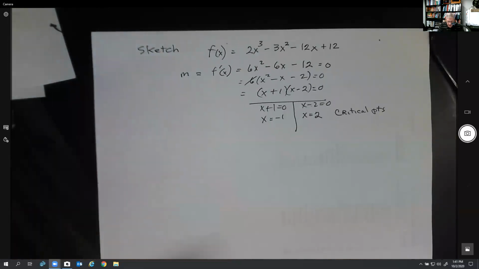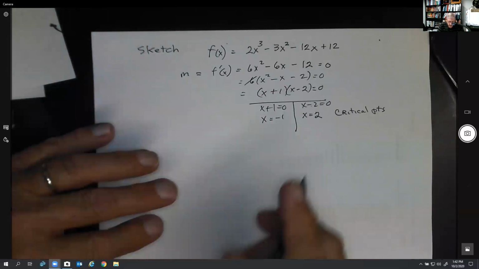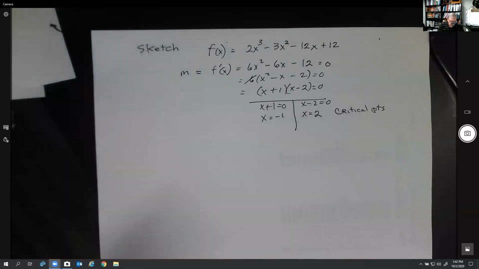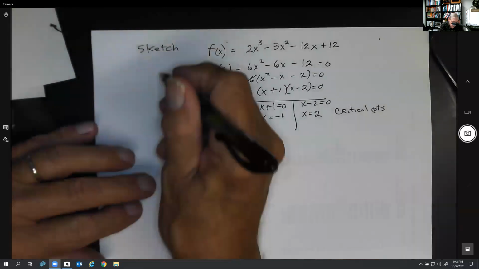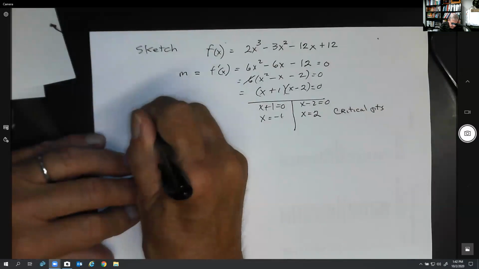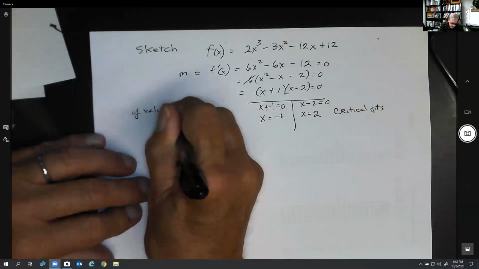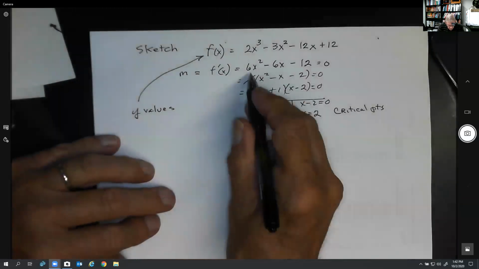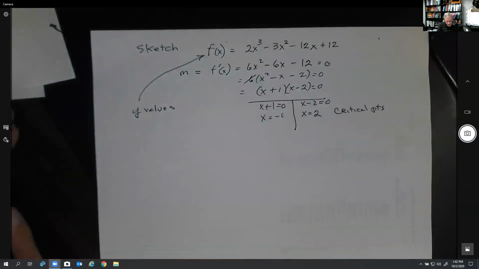Okay, another thing, what I like to do at this point is try to find the y values that correspond to these x values. And the way I do that, to find the y values, we always go into the original problem. That's very important. Don't go into your derivative or you come up with wrong numbers.